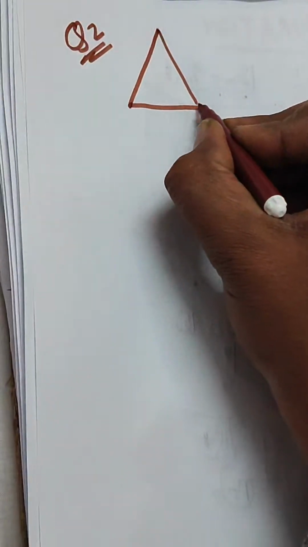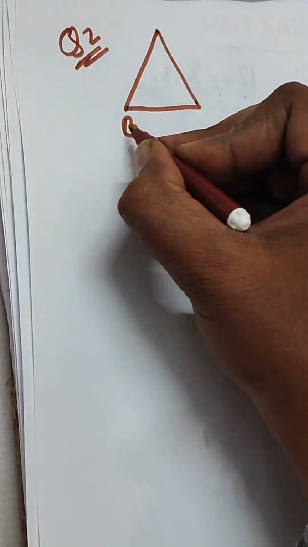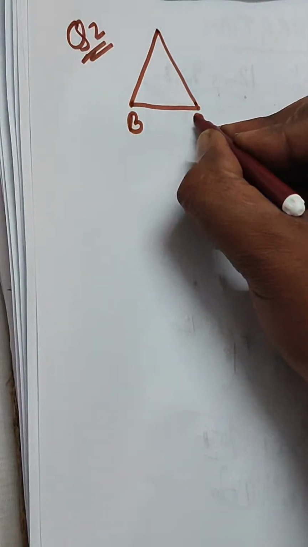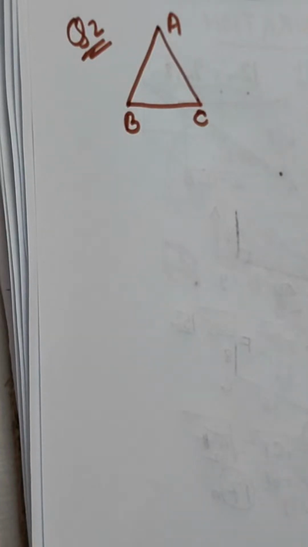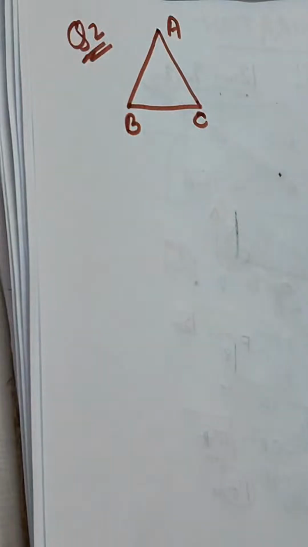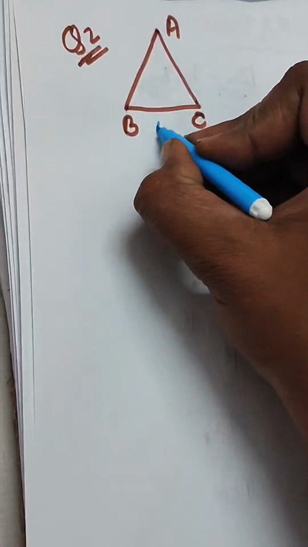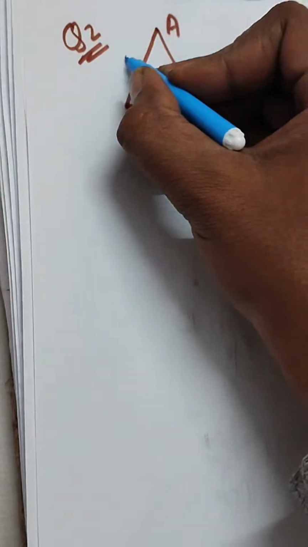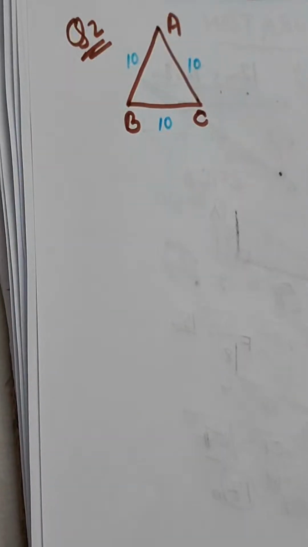A, B, C. It's given that triangle ABC, in the given figure, is an equilateral triangle. That means this is 10, this is 10, this is 10, given in the question.